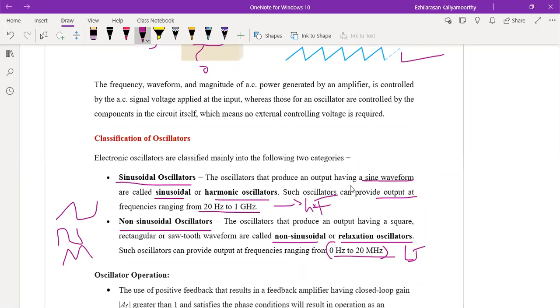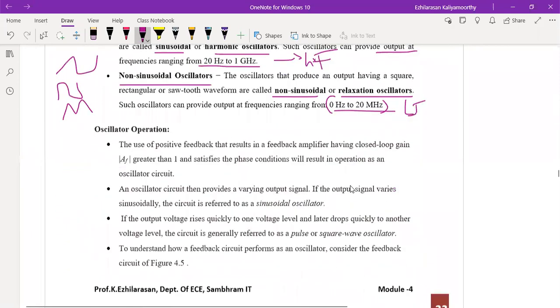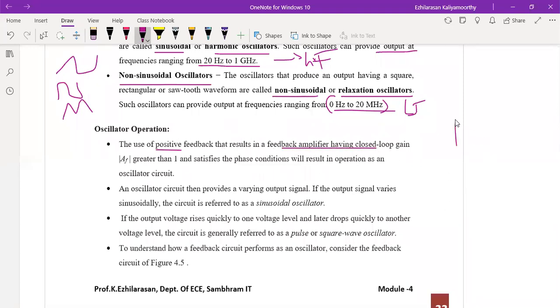Now let us see the operation of an oscillator. Here we are going to use positive feedback, which results in a feedback amplifier with a closed loop gain. Normally this is your amplifier, which I consider as A. Now with the feedback, I'm going to connect something.